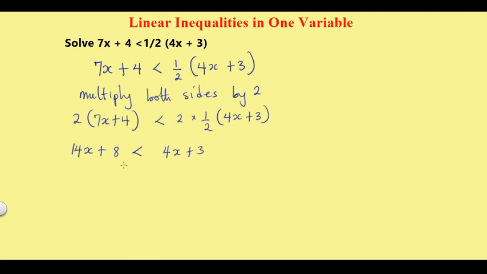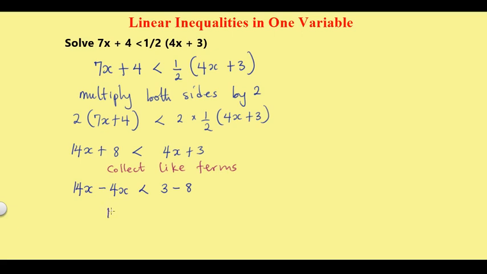Here now, what we then do is collect like terms. That is, we bring the x terms to one side, we bring the natural numbers to the other side, which is 14x minus 4x less than 3 minus 8.